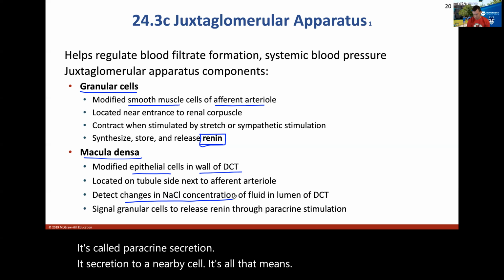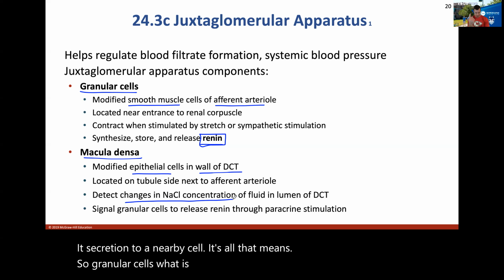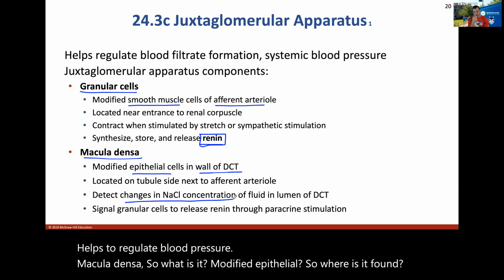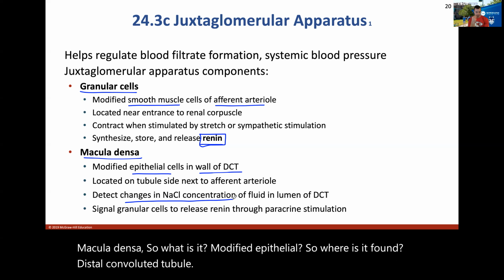So granular cells, what are they? Modified smooth muscle. Where are they found? The afferent arteriole. What do they do? They're involved with regulating glomerular filtration. They help to regulate blood pressure. Macula densa cell, what is it? A modified epithelial cell. Where is it found? The distal convoluted tubule. What does it regulate?